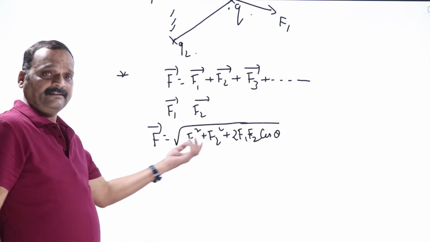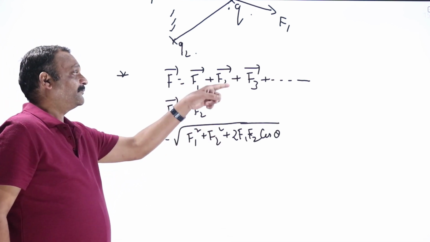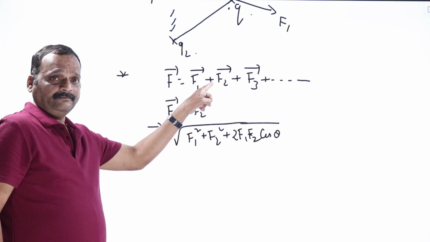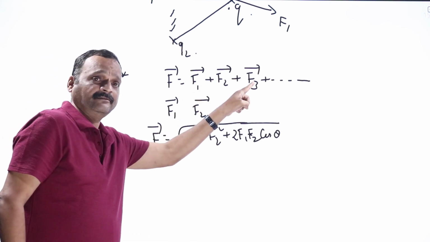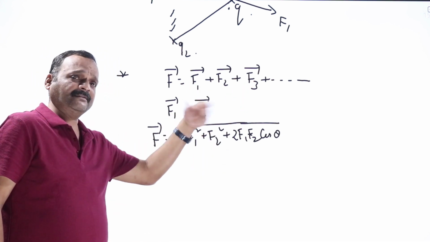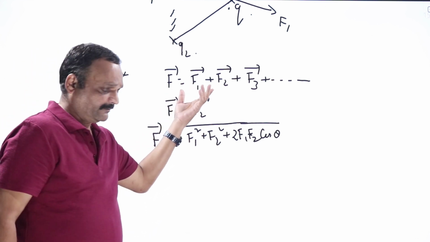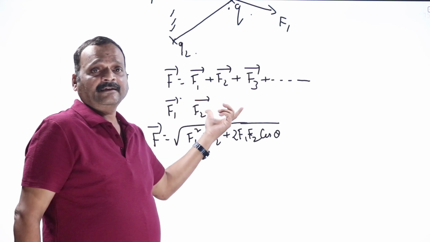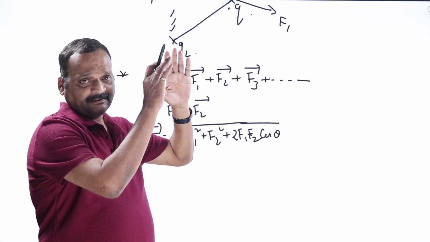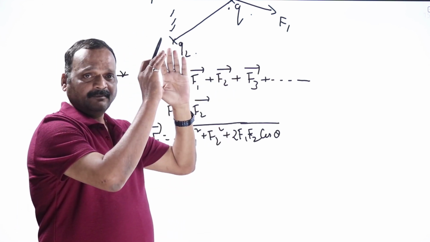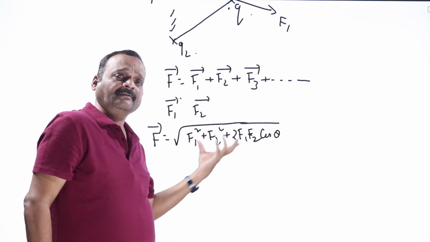Resultant of two vectors is found like this. How about the resultant of three vectors? Find the resultant due to two of them, then add that resultant to the third using the same formula. You can extend this process to any number, or, as you must have learned in vector analysis, split each vector into x components and y components, add all x components algebraically and all y components algebraically. That way also you can find the resultant force.